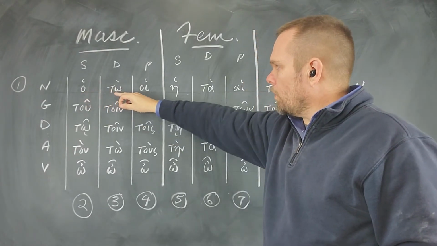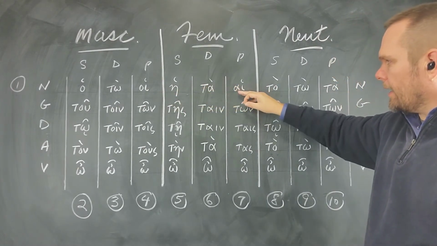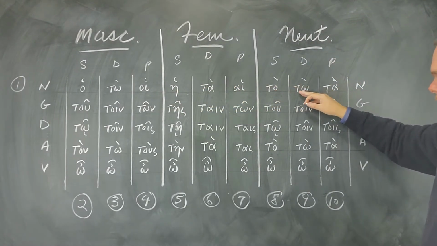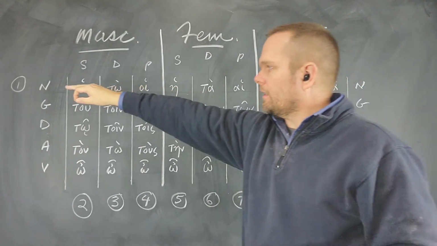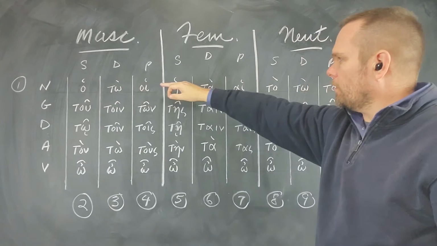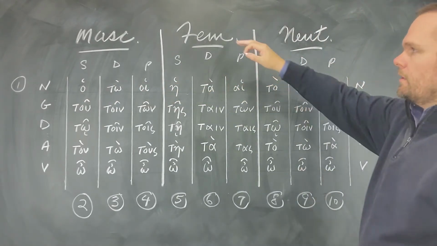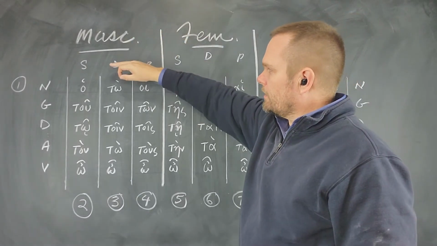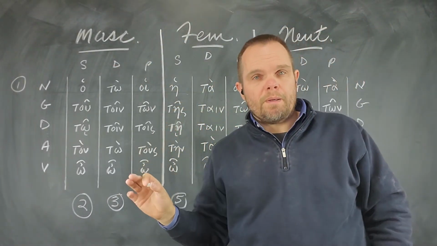Ho, to, hoi, he, ta, hai, to, to, ta. All right? That's the memorization of all of the nominative forms of the article across the genders and numbers. That's the first thing that you should memorize.